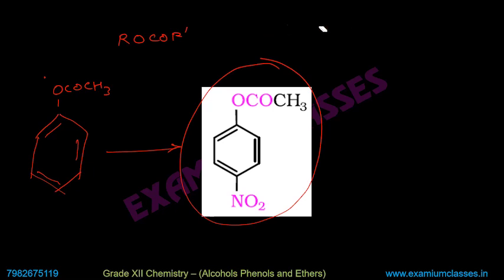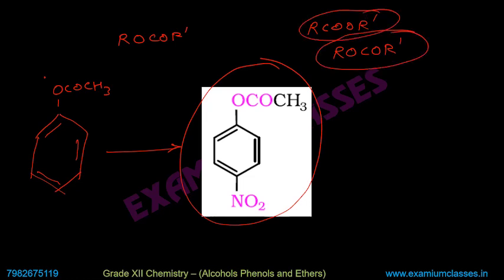Basically, you can consider that if it is acid, it will be RCOOH. If it is ester, this hydrogen is replaced by another alkyl group, which is written as ROCOR. So normally this is the way you will find it written.